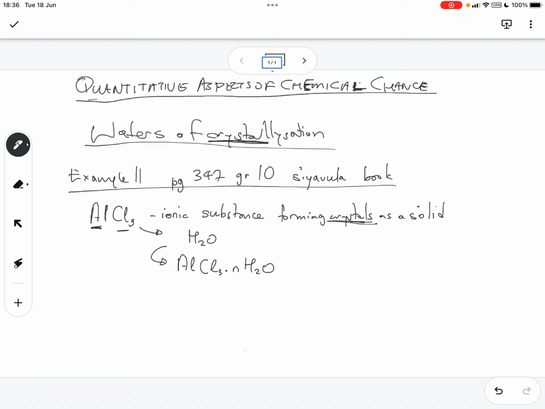Now we're told that a learner has heated some of these crystals until all the water had evaporated.